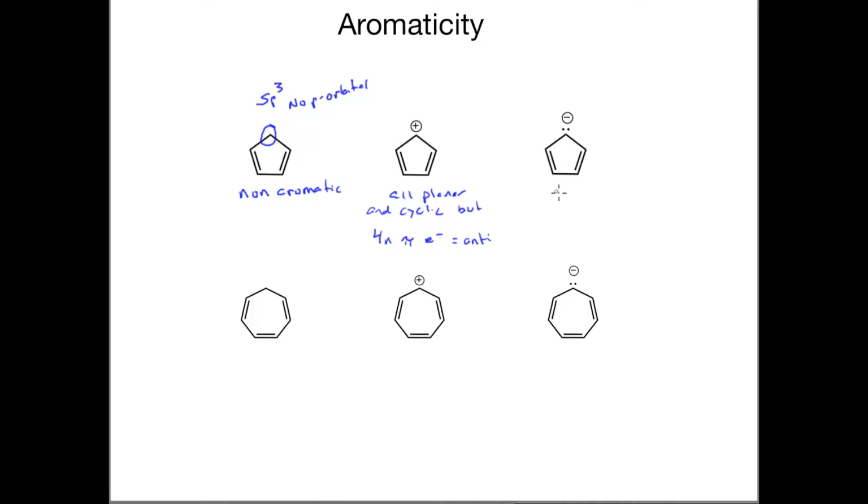Now, the one on the top right, we see that we have something that is cyclic, everything is conjugated together, and it turns out that the lone pair is actually pushed into a p orbital.